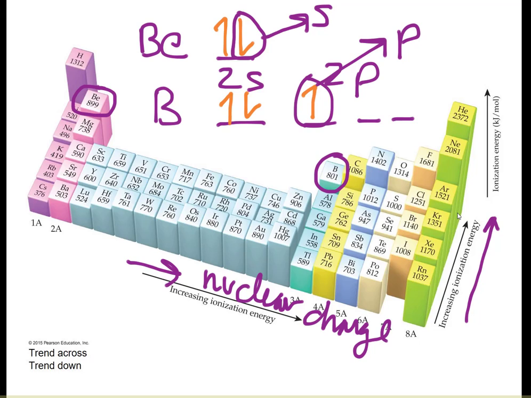And we see that the trend is that a p electron takes less energy to remove than an s electron does. And that's because an s electron cloud is a little bit closer to the nucleus than a p electron cloud. And so that causes a decrease in the amount of ionization energy that you need for boron. So again, p electrons take less energy to remove than s electrons do.